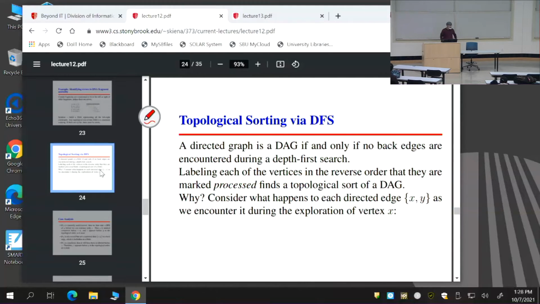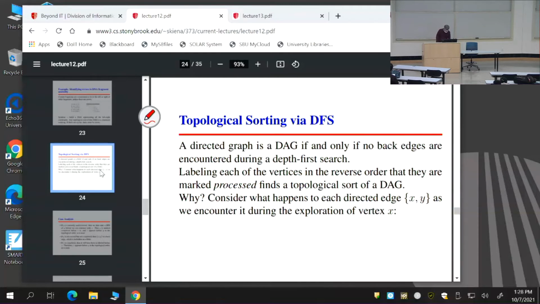As this gentleman just learned, if I sort the vertices according to their finishing times, where the last to finish was the first to go, well, then that means I can do a topological sort by just doing a depth first search.